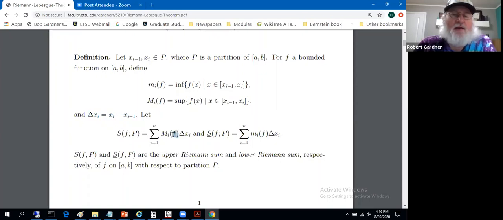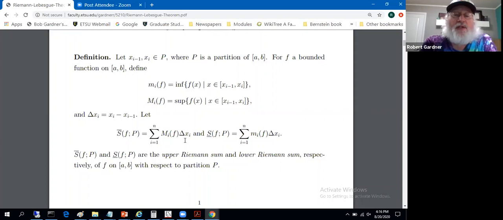But we've got this number based on function values. It's the sup of function values when x ranges between x sub i minus 1 and x sub i. I'd like to say it's a maximum, but I can't for reasons just discussed. But it's related to that idea, I suppose. Then times delta x sub i. So upper Riemann sums are these sups of function values times delta x sub i's.